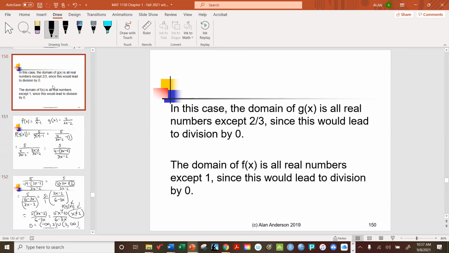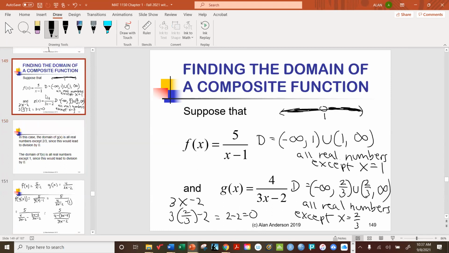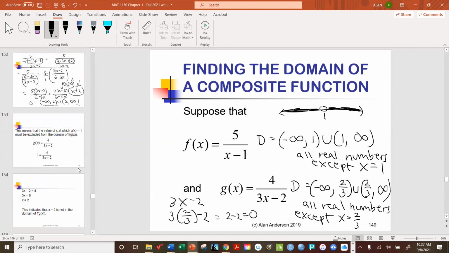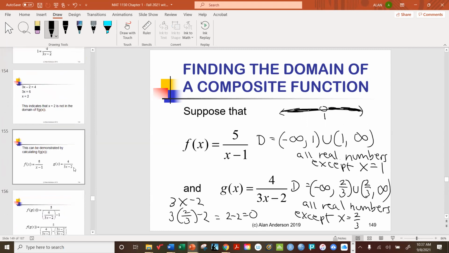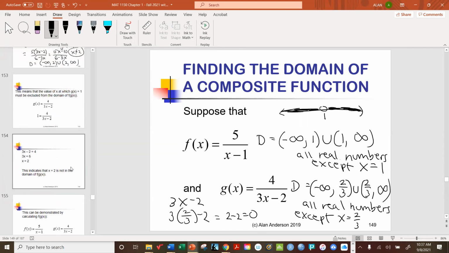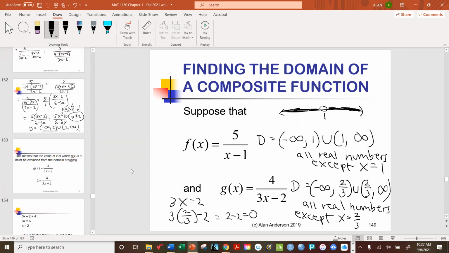Because we saw earlier that f of x cannot allow for 1. X cannot be 1. Okay, so let me consolidate all of these. You can see what I'm doing. We know that f of x cannot have x equals 1 in its domain.